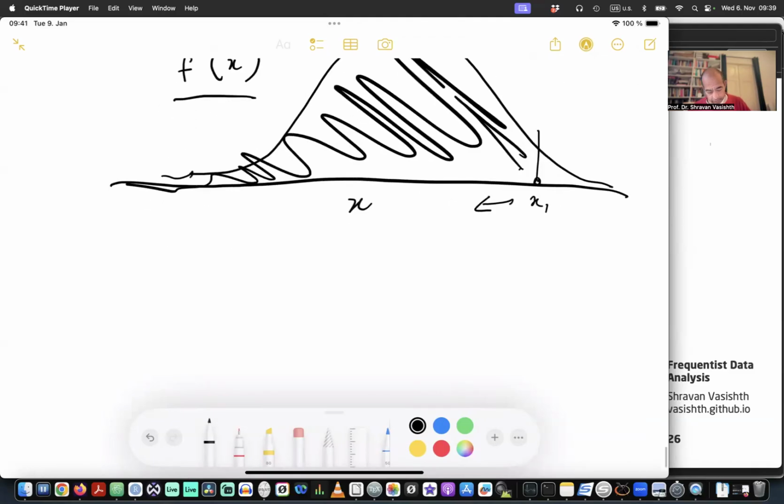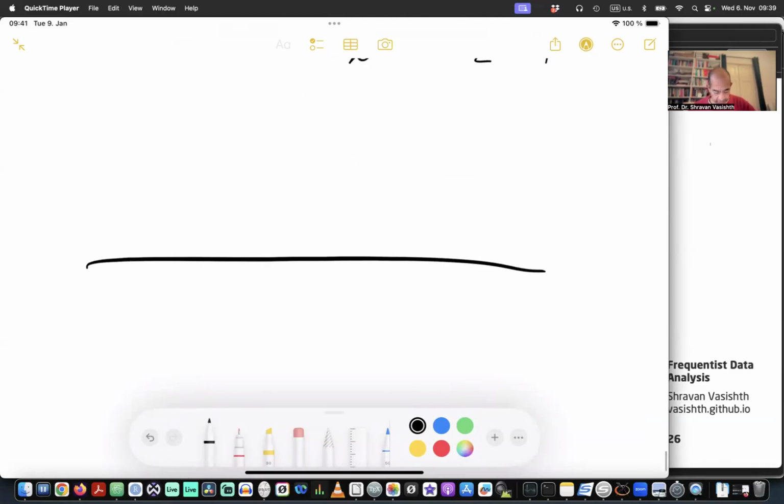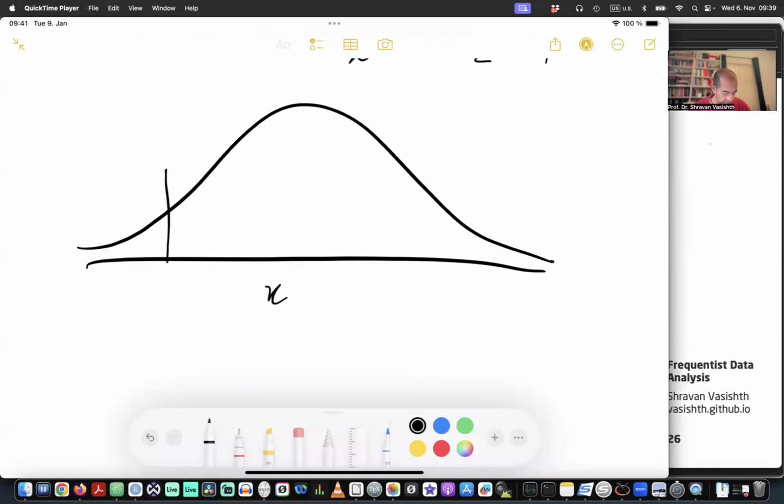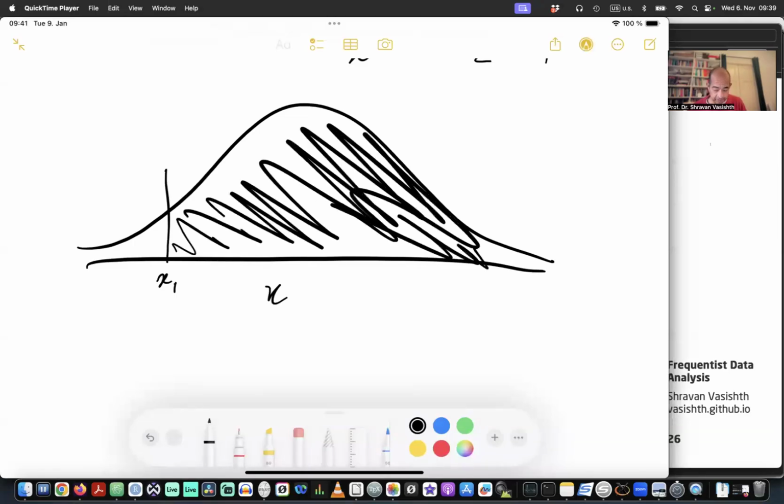If I wanted to compute, on the same function, something like the probability of observing x1 or something larger than that, what would be that probability? The area under the curve here, right? That's the kind of cumulative probability that I would compute using the probability density function f of x, that same function. Okay. So how do I compute this area under the curve?